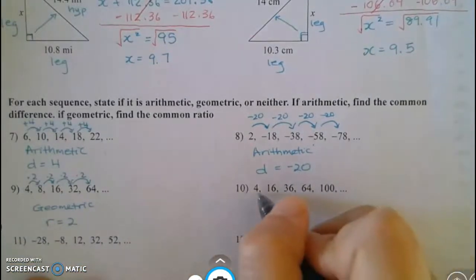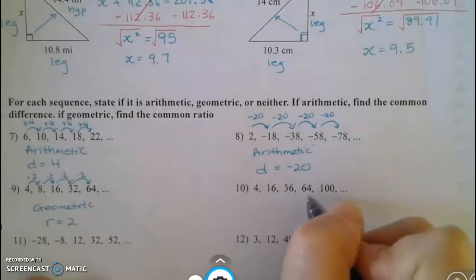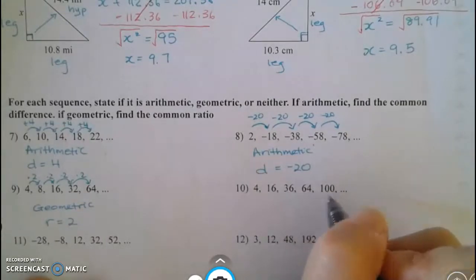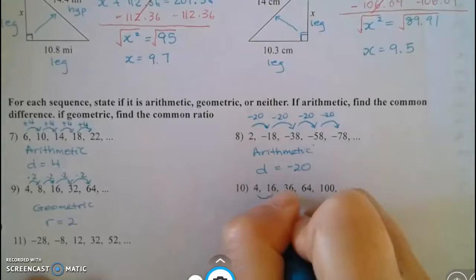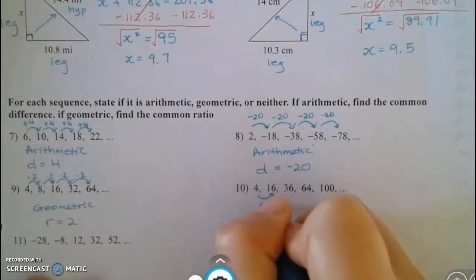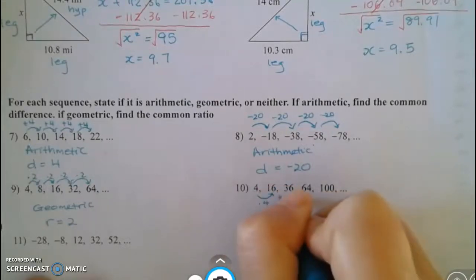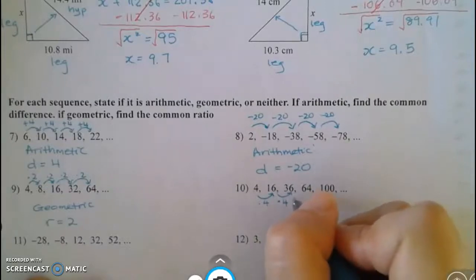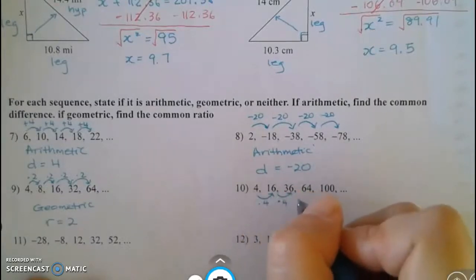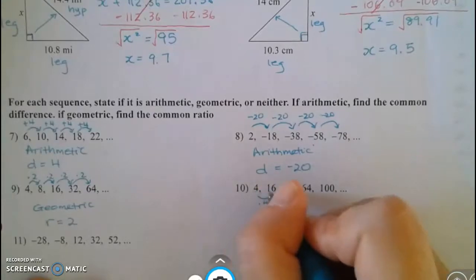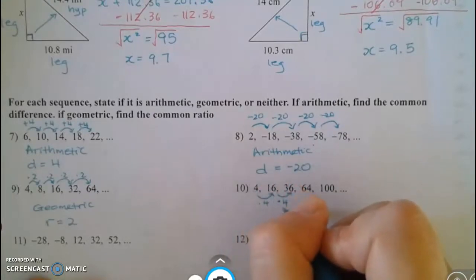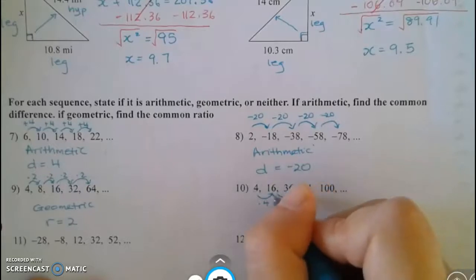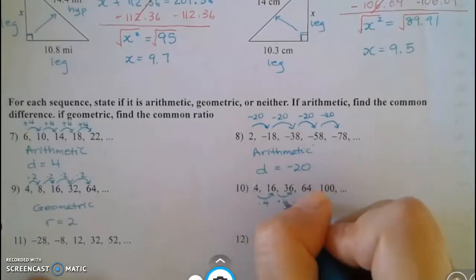What about this? 4, 16, 36, 64, 100. What's going on here? From 4 to 16, I'm multiplying by 4. And if I multiply by 4 again, do I get 36? I do not. 16 times 4 is going to be actually 64, not 36.